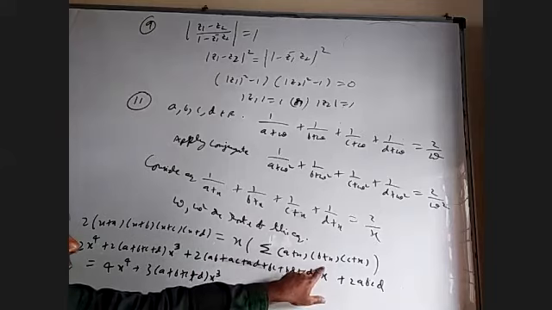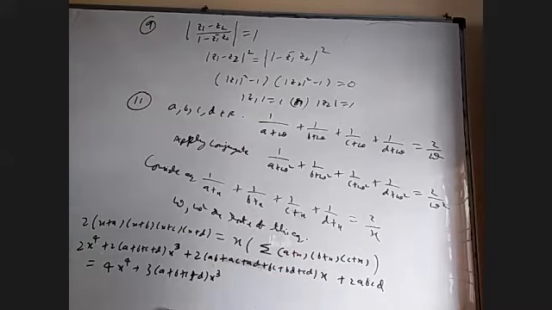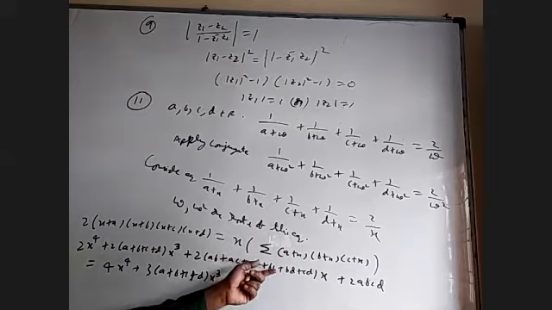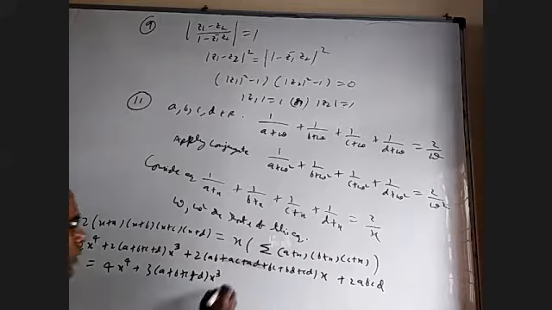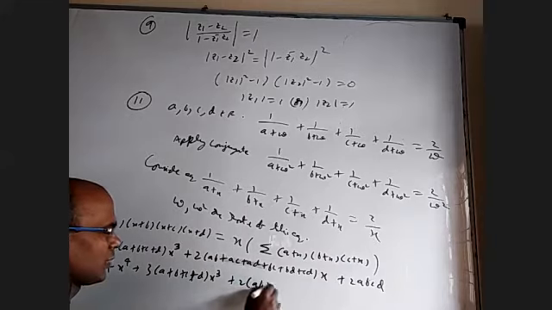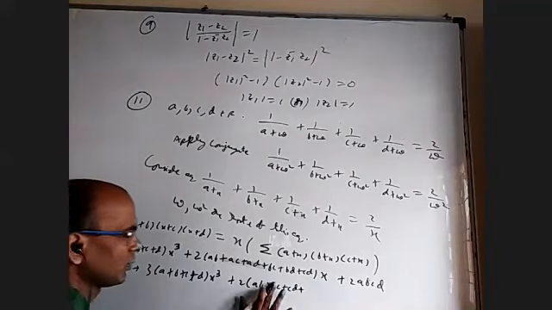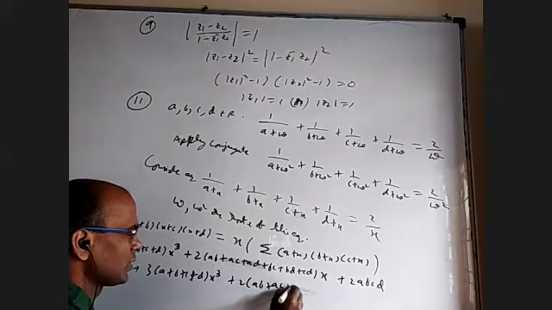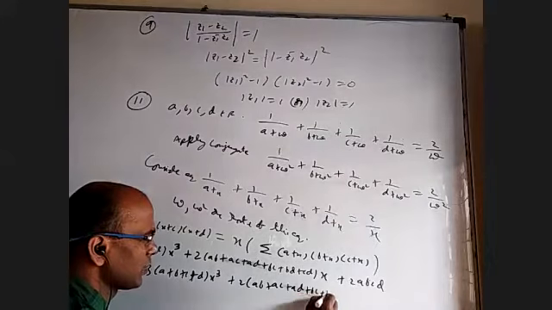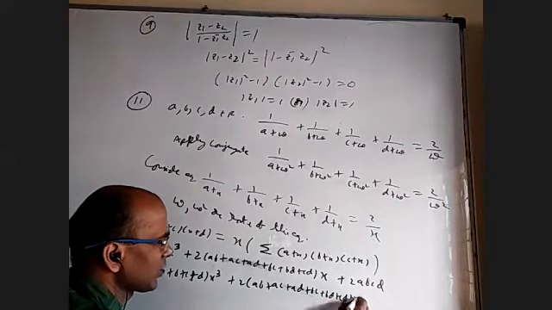And here x coefficient is ab plus bc plus ca. So here 3 things, here 3 things, total 12. Everything will come twice. So it will be 2 times ab plus ac plus ad plus bc plus bd plus cd into x square.